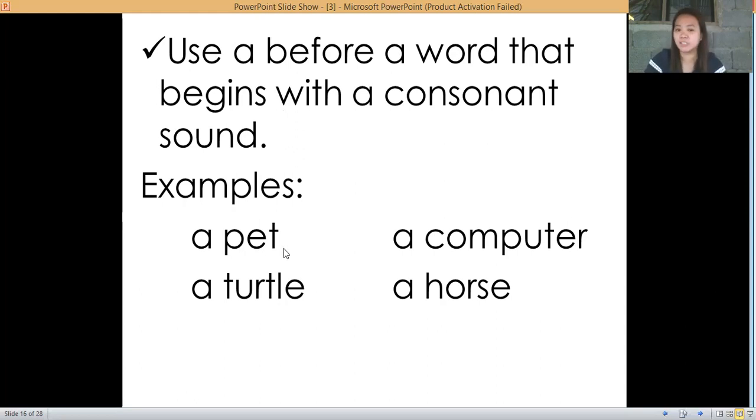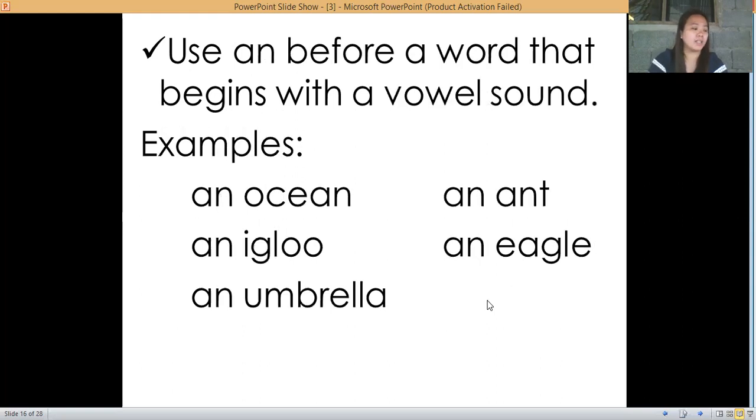Examples: a pet, a turtle, a computer, a horse. So this one is for the article a. While you use an before a word that begins with a vowel sound, with our A, E, I, O, U. Okay po?